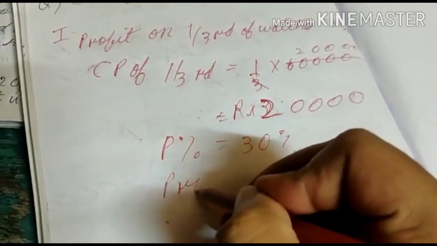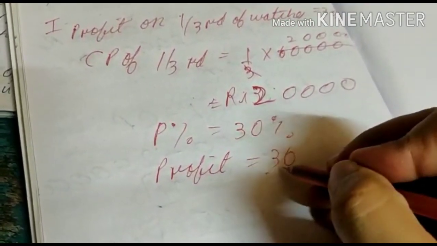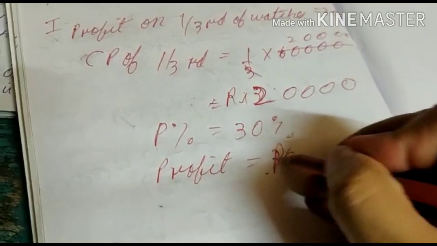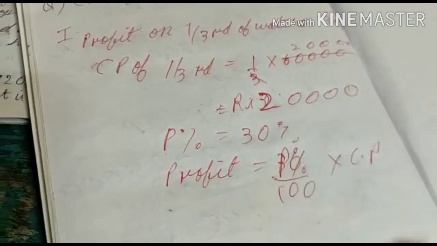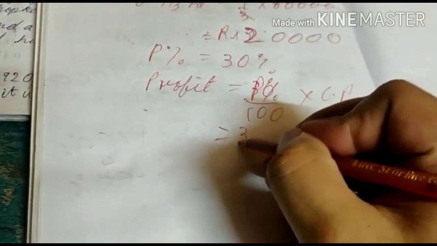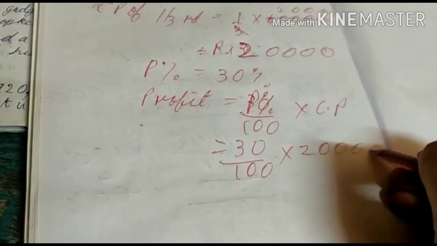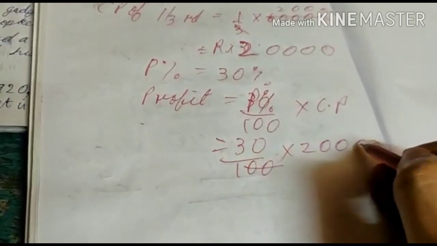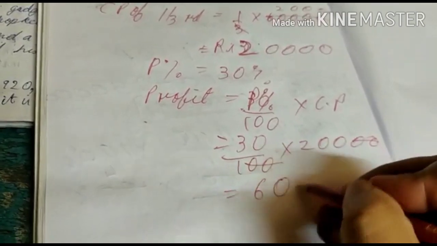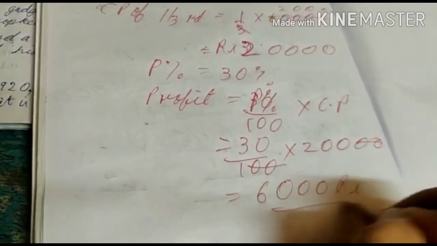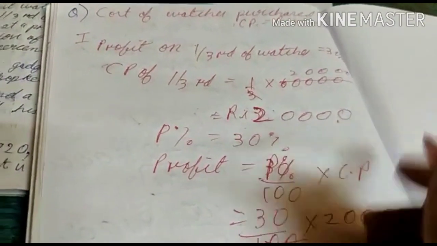So what is his profit on these 20,000 rupees? Profit is profit percent upon 100 into CP. Here it is 30 upon 100 into CP. CP is 20,000. Reducing these two zeros, we will get 3 into 2, 6,000 rupees. This was his profit on the 20,000 amount.